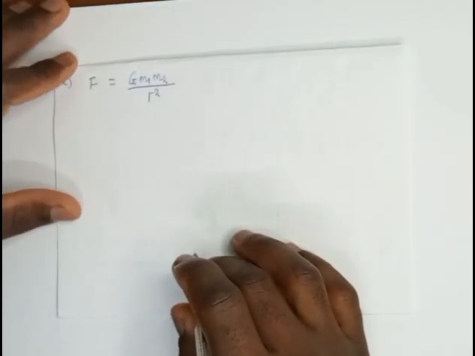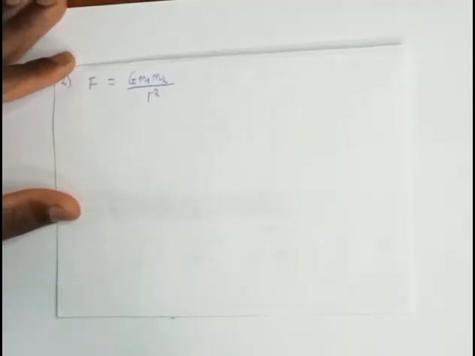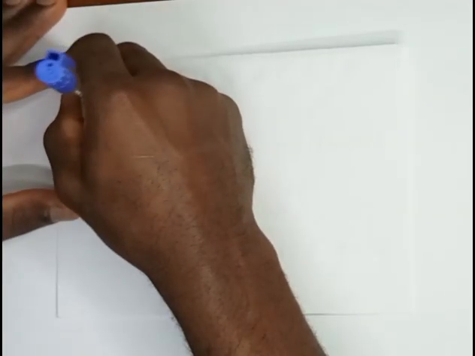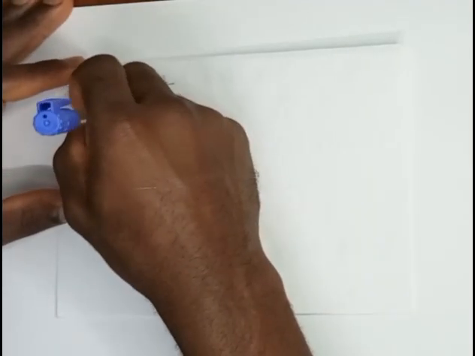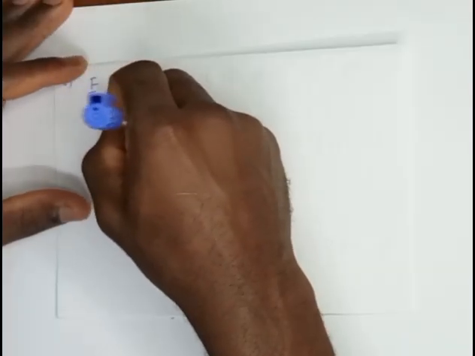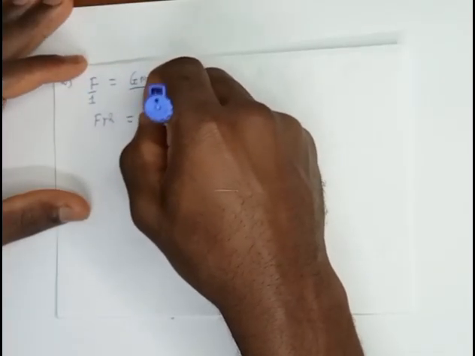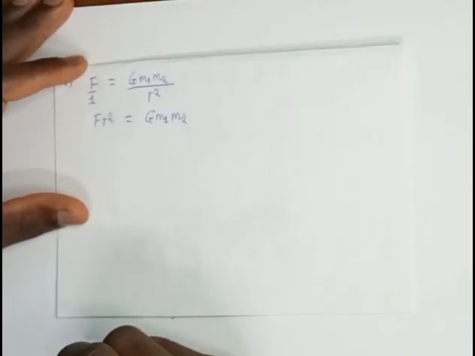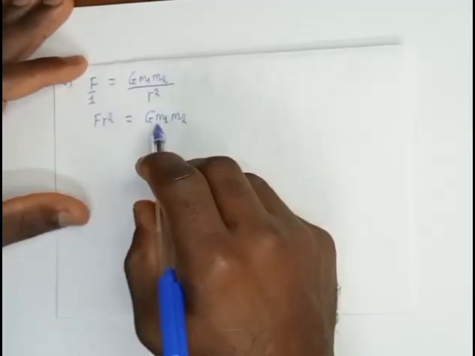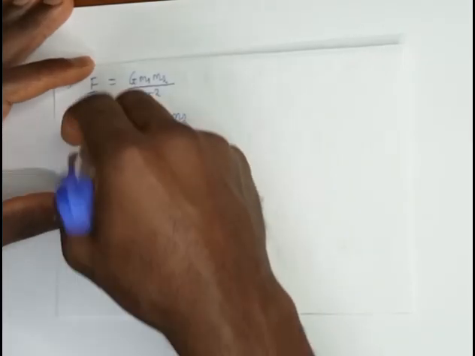First step, we are going to start by making G the subject of formula. F can be expressed as f over 1. Cross multiplying this will give us f r squared to equal to G m1 m2. Next step, we are going to divide both sides by m1 m2.